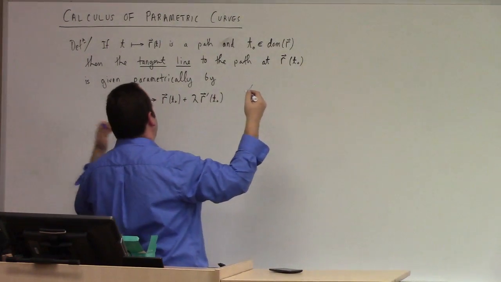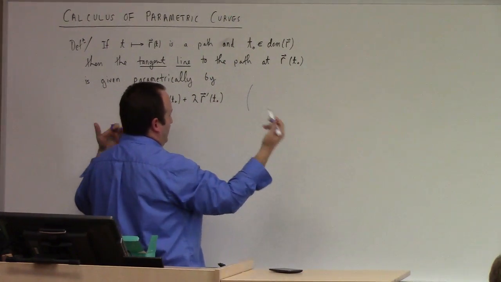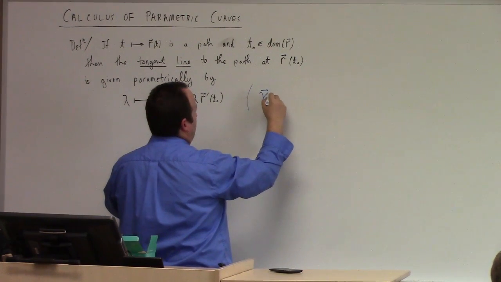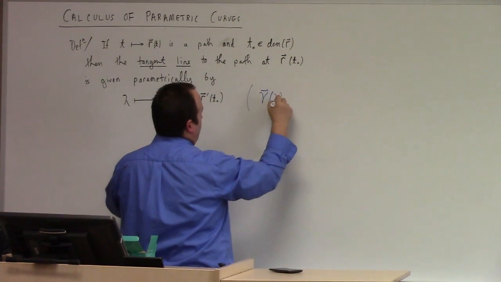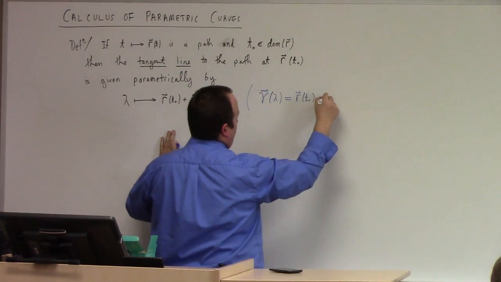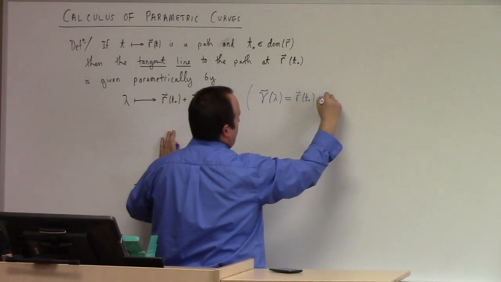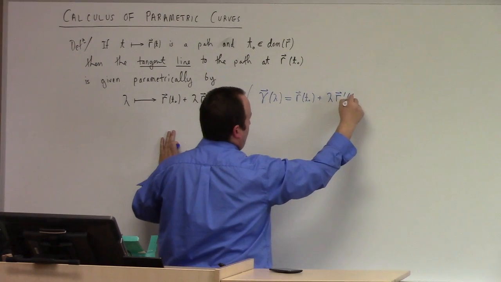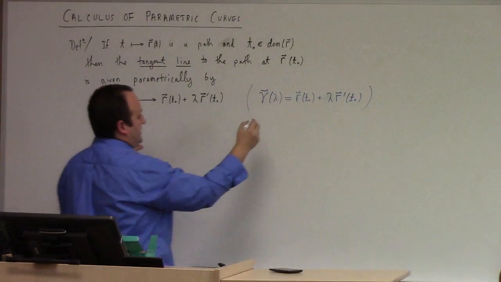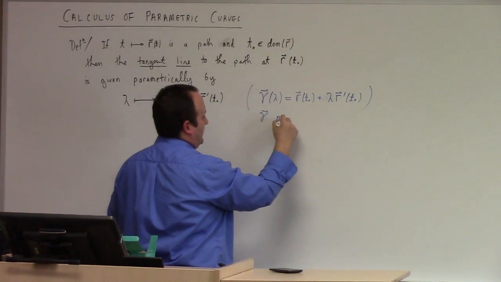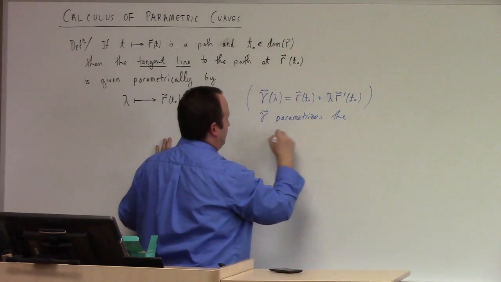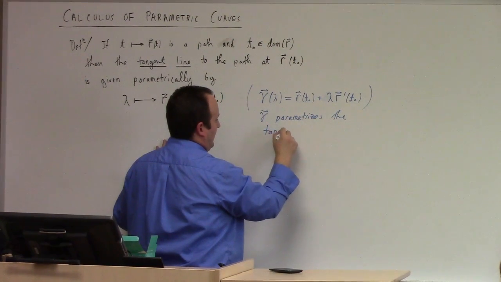Let's say I need something other than R because I've already used R. Let's say gamma of lambda equals R of t naught plus lambda times R prime of t naught. So this gamma parametrizes the tangent line that I'm talking about here.